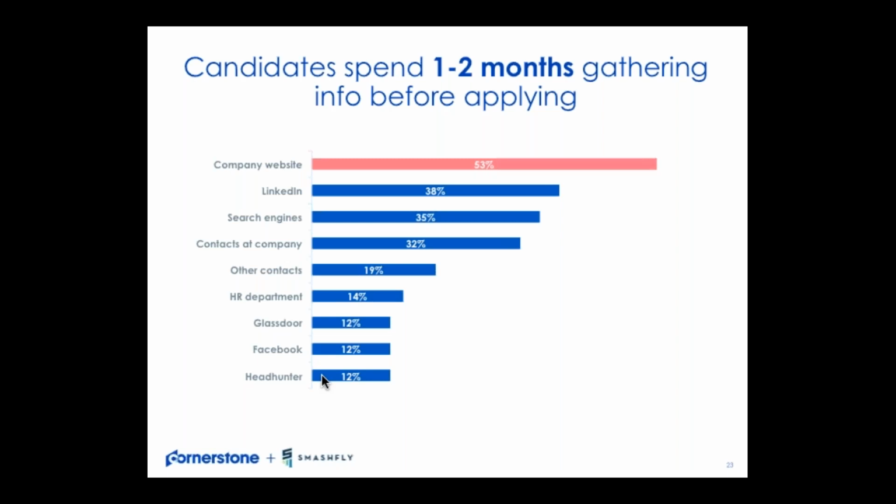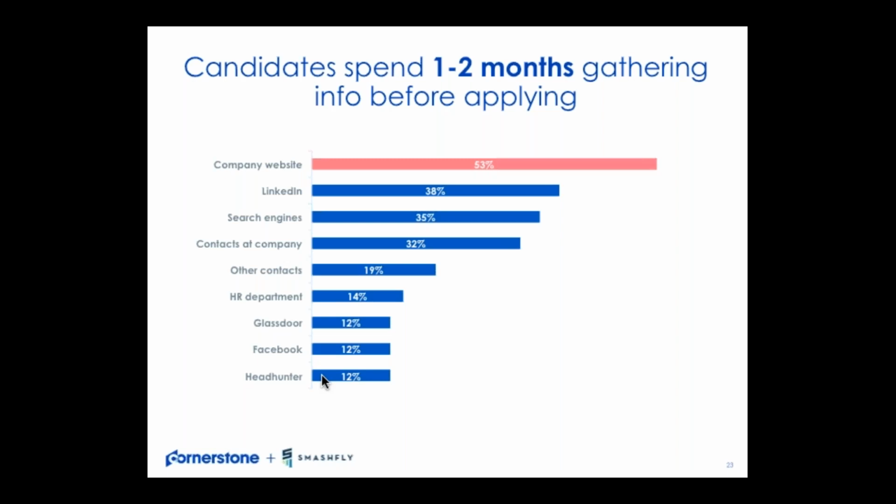But on this slide here, I think the reality that candidates spend 1 to 2 months gathering info before applying shouldn't shock us. We do the same thing when we buy products and services online. And the channels that they use shouldn't be surprising either. But I think the really interesting one is the fact that they spend a lot of time on the company website. So they're not just looking at your jobs page through the ATS, which we know is typically not a very good experience. They're probably looking at the company too. What does the company do?